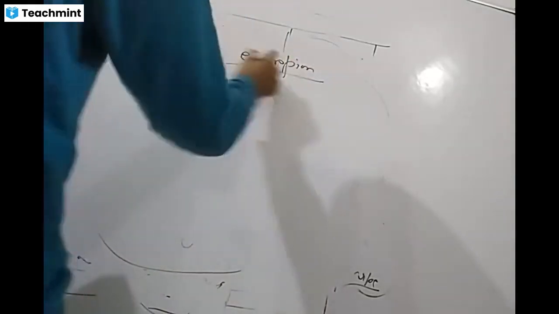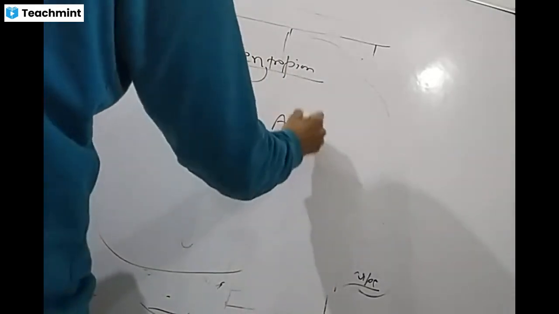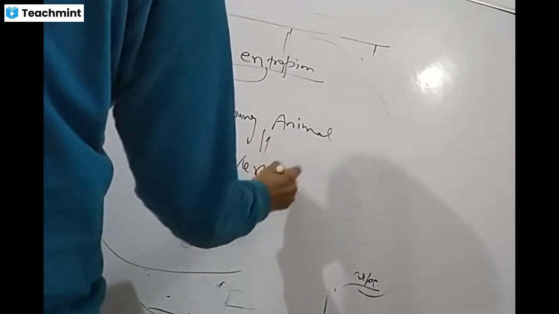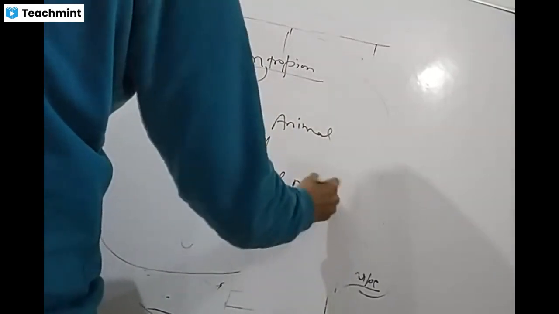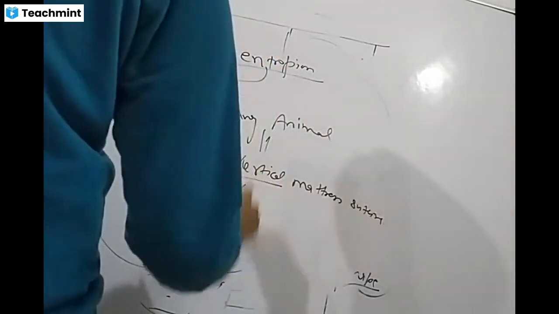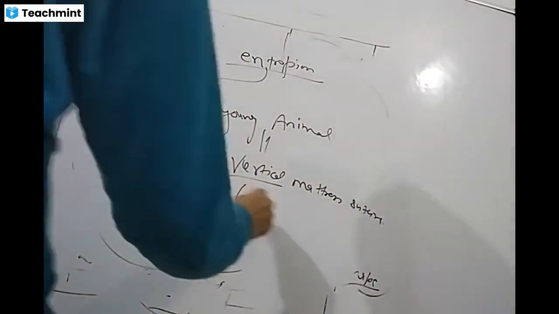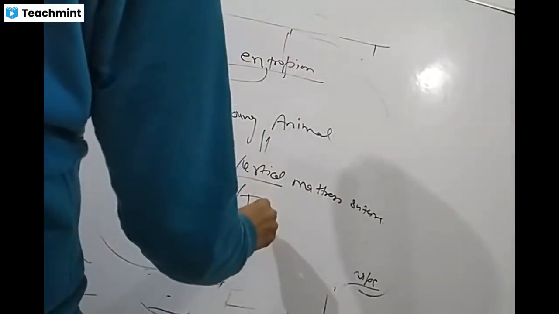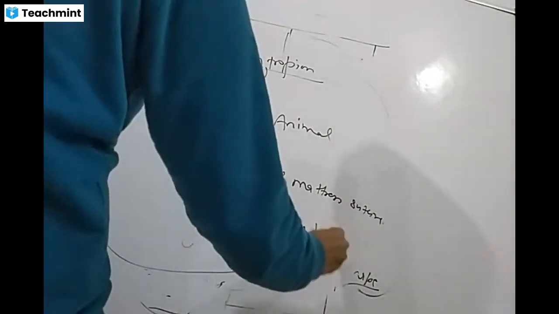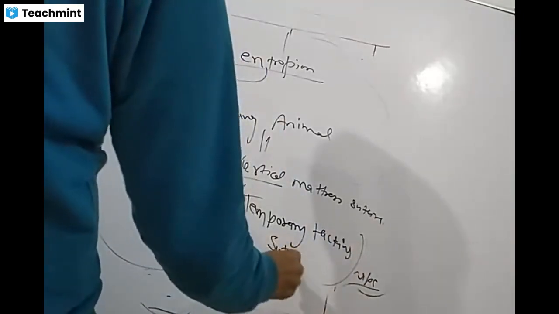For entropion, in a young animal we just put a vertical mattress suture, which is called a temporary tacking suture.